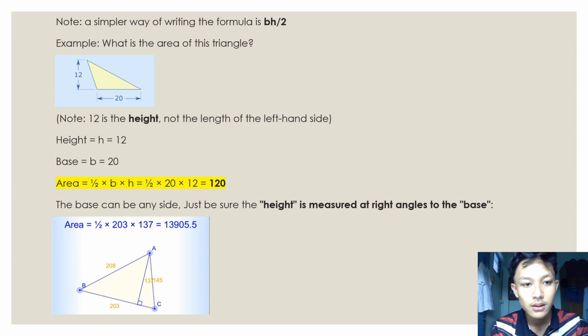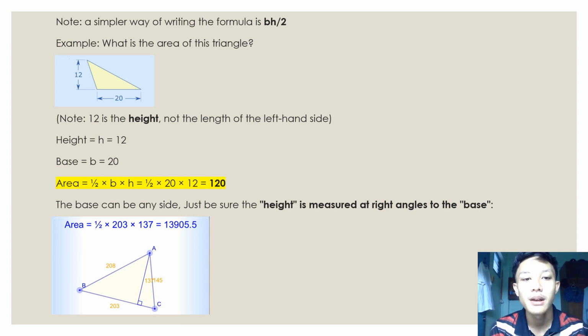Area equals 1/2 times B times H, equals 1/2 times 20 times 12, equals 120.